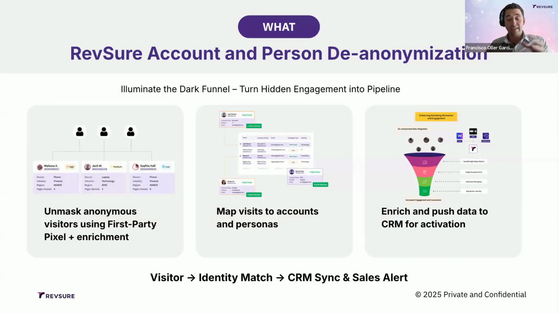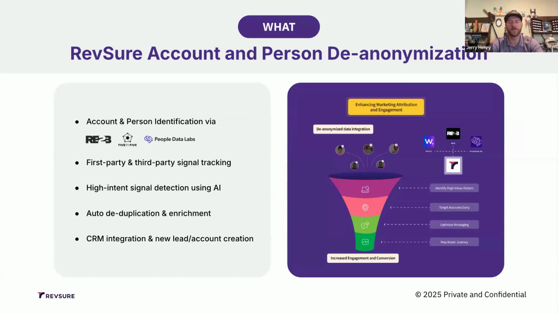Really connecting the full picture from visitor to CRM to all the different systems that we have, and then pushing that data so it becomes actionable. Yeah. So in other words, we're not just tracking traffic, we're illuminating your dark funnel and handing sales a head start. So let's get under the hood a little bit here.